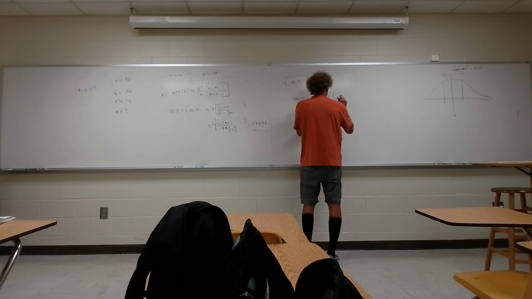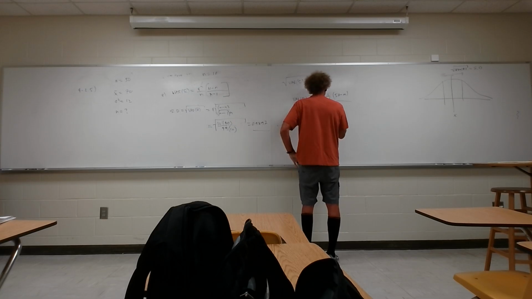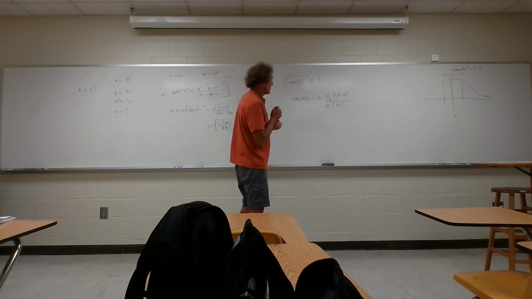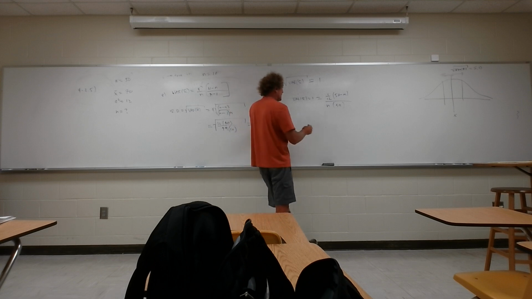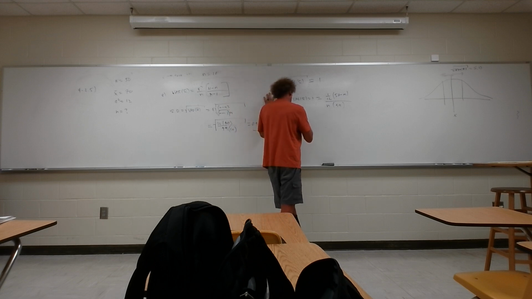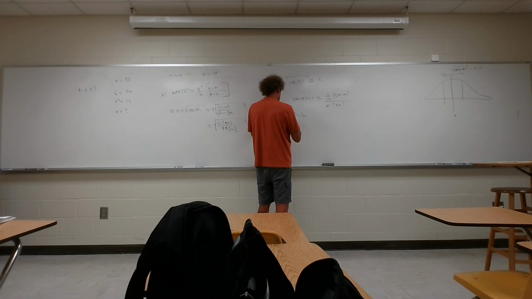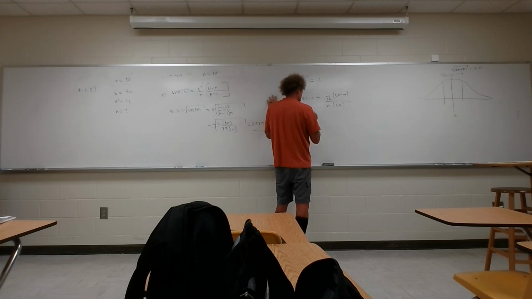Then we're going to have capital N, which is 50, minus small n over, and here you're going to have small n, and this is going to be 49. And now we're going to solve for small n. So 49n times 12 is equal to 50 minus n.